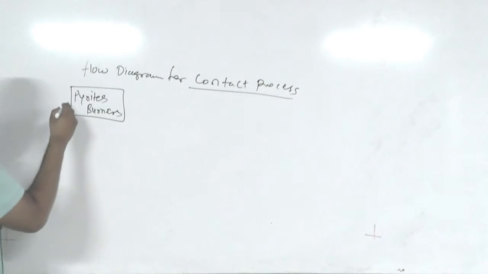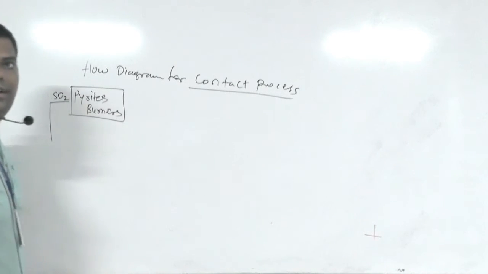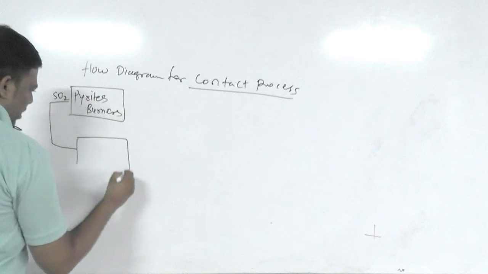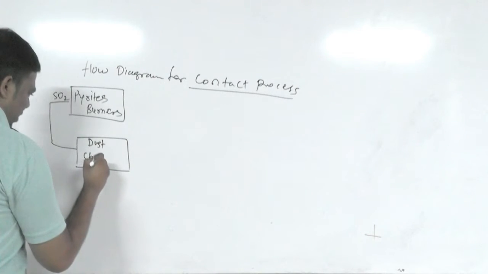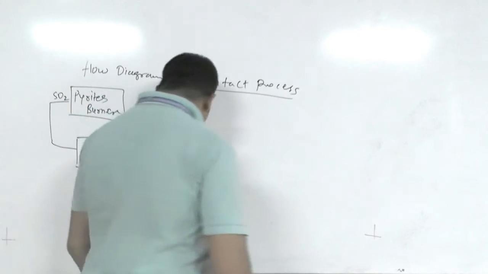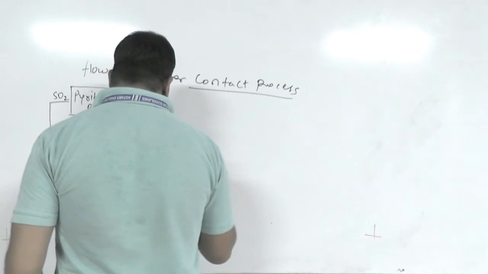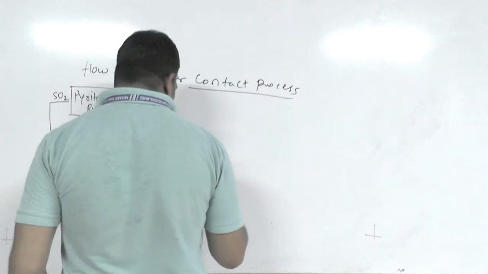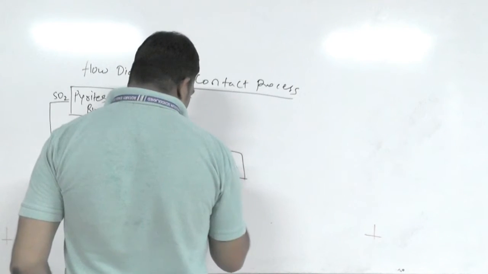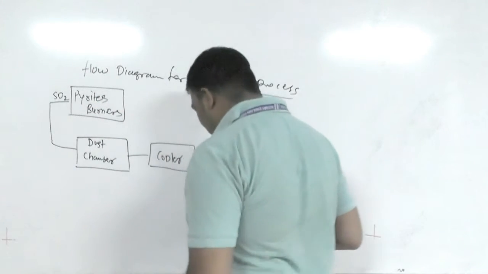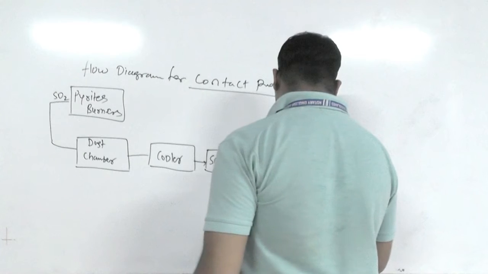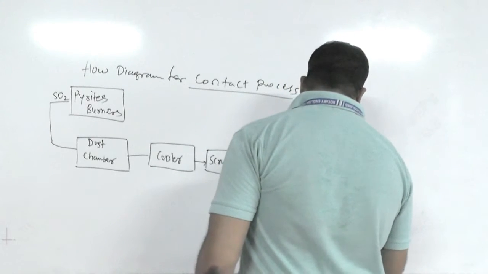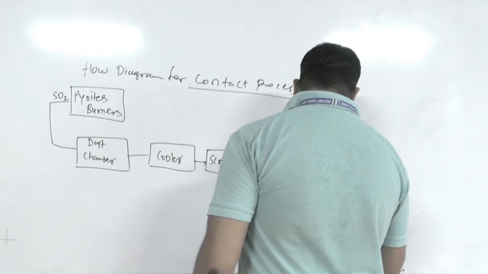Now, bypassing SO2, that is sulfur dioxide, it will move into the dust chamber, where whatever impurity is present will be removed. Next it goes into the cooler, next into the scrubber, next into the dryer, and next your arsenic purifier.